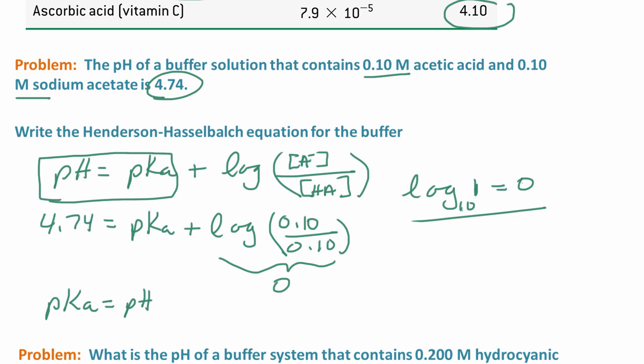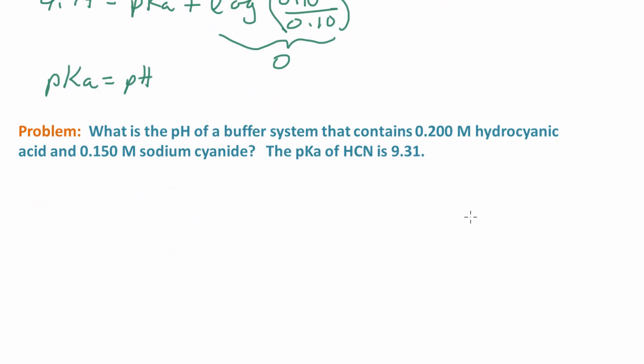Okay? What is the pH of a buffer system that contains 0.2 molar hydrocyanic acid and 0.15 molar sodium cyanide? So we have the pKa of hydrocyanic acid is 9.31. Let's take a look at what we have.